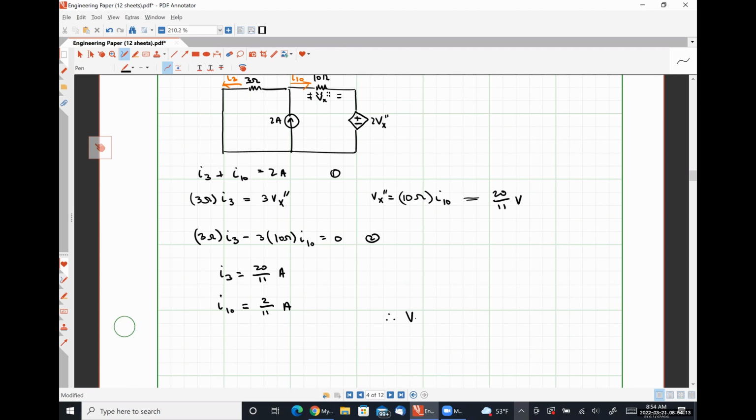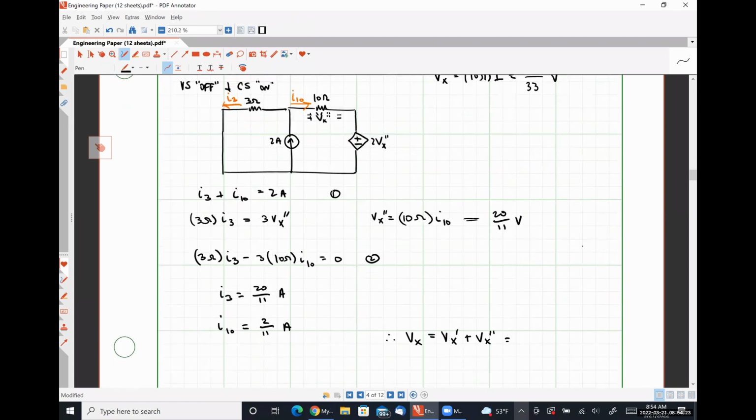And finally, Vx is Vx prime plus Vx double prime. So that is 50/33 plus 20/11, which is 1/3 of a volt. Anyway, all I really wanted to do with that was illustrate that you need to leave the dependent sources on always whenever you're applying superposition.